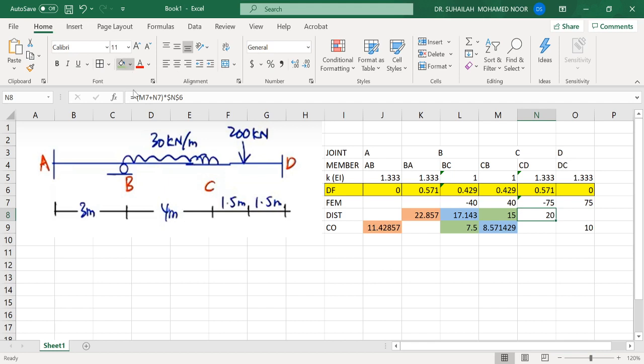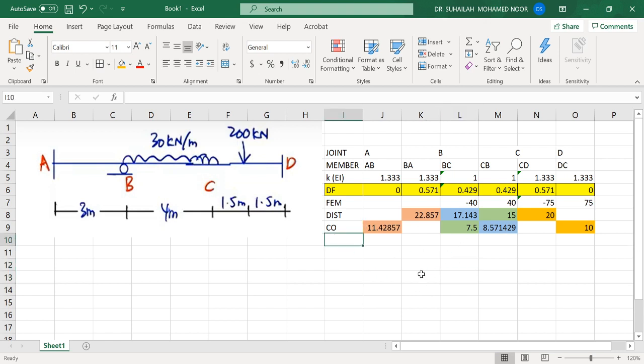So let me put a different color, like this. You can see now how we carry the value. For carryover level, we must carry the value, and the value must cross boundary. Cross boundary means between A and B, carry to A, carry to B.